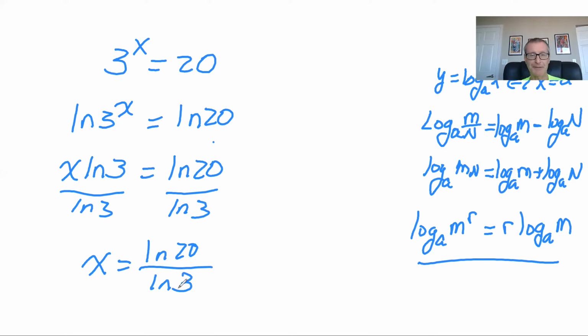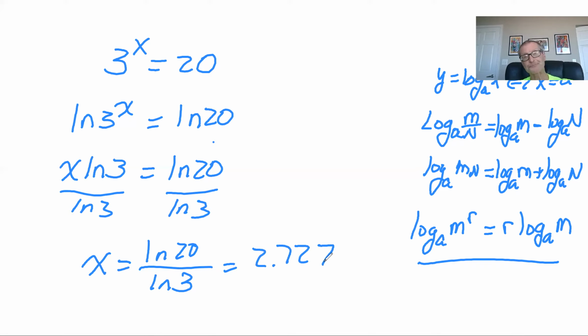And even back in the day, before the fancy calculators, they did have log functions. So you just get it out and do the arithmetic on the calculator, and you would get a number, 2.727, etc.